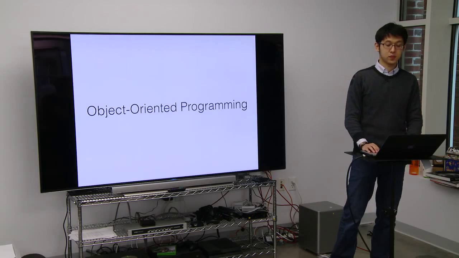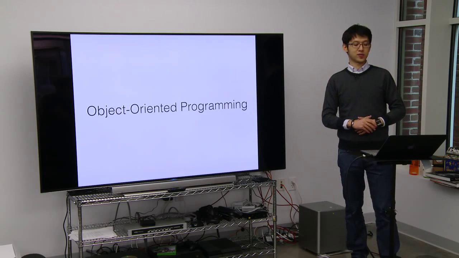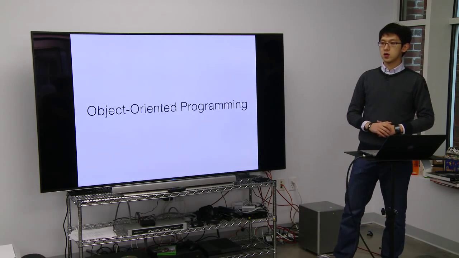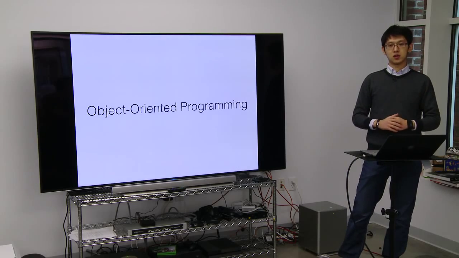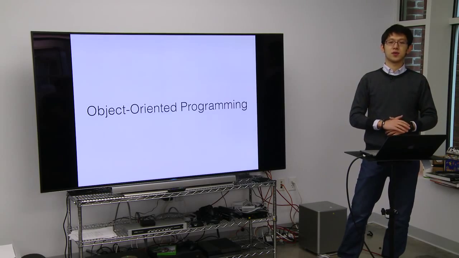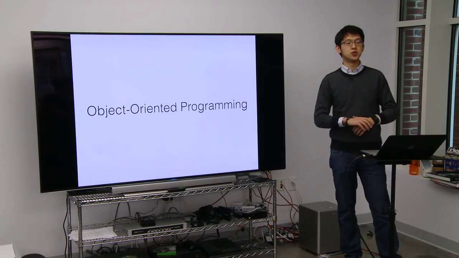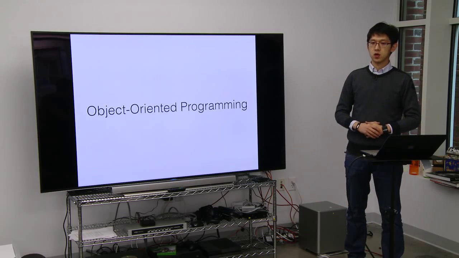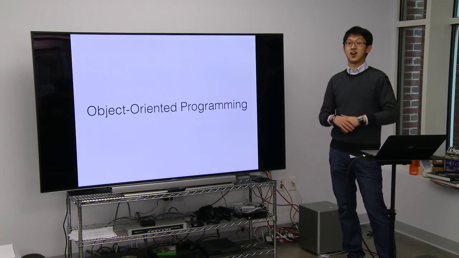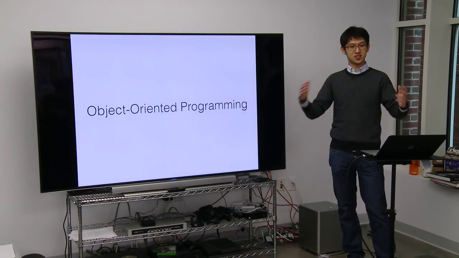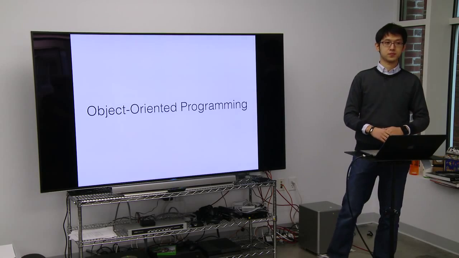Going beyond that, let's talk a little bit about object-oriented programming. Object-oriented programming is one of the fundamental programming techniques or patterns that is used by Objective-C. Objective-C is called Objective-C, not C, for a really good reason.